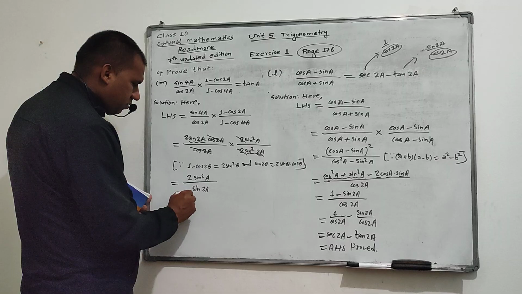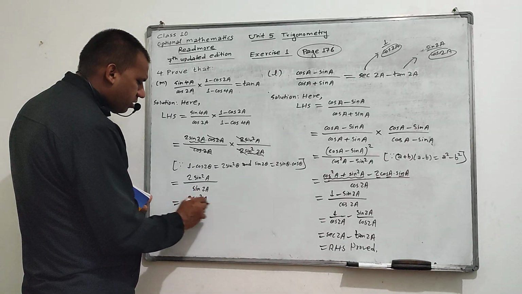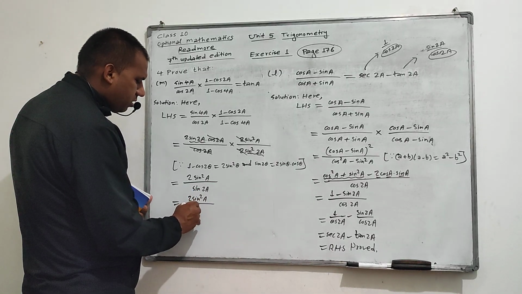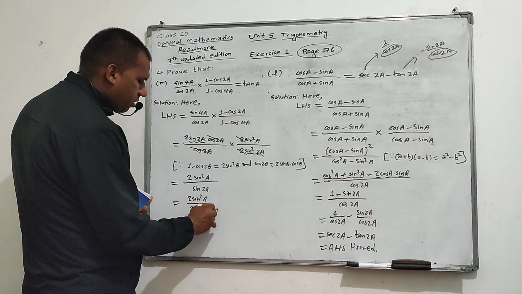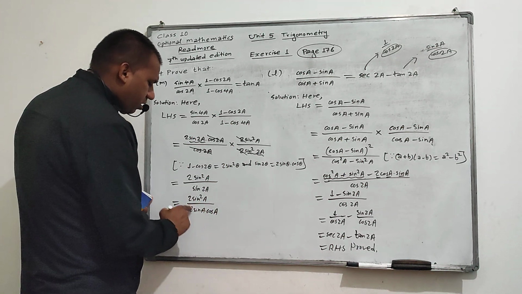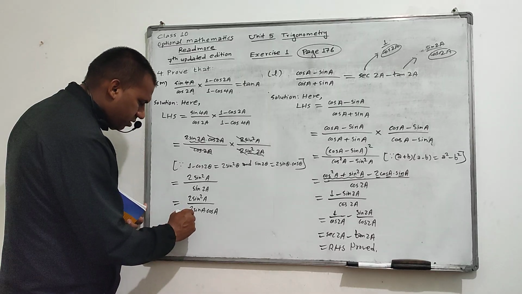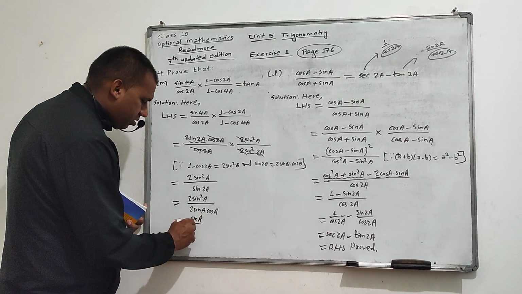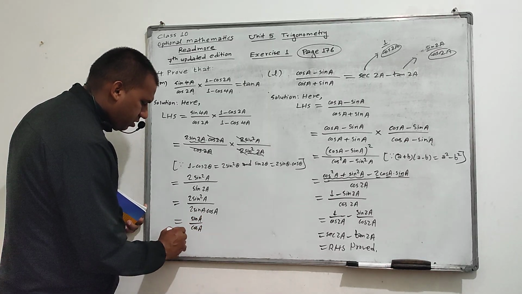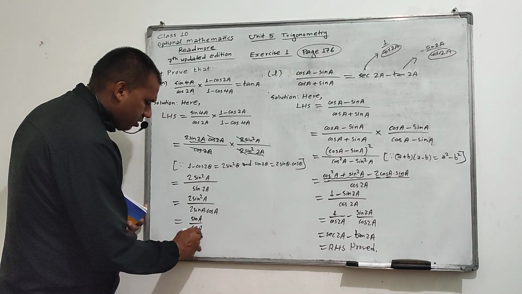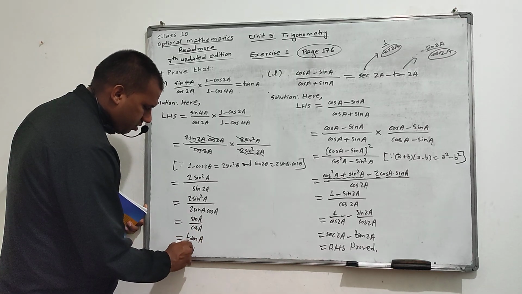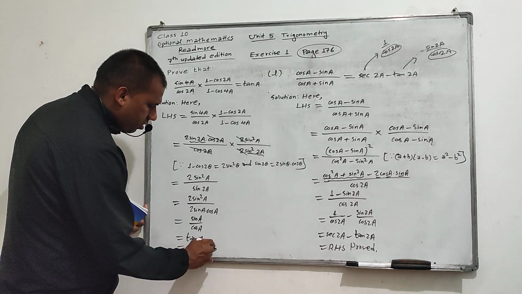This is equal to 2 sin square A upon sin 2A, that is 2 sin A cos A. 2 cancel out, sin A cancels out, remaining sin A upon cos A, that is tan A, which is RHS. Proved.